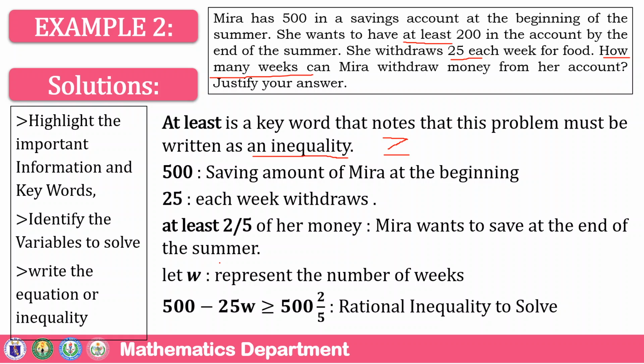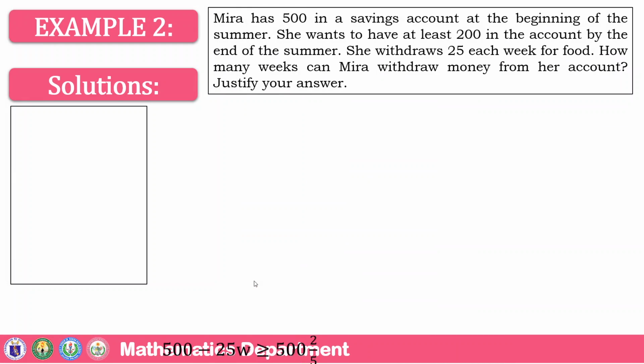So, pagka minultiply natin yung 500 times 2 over 5, that is equal to 200. Okay? Proceed tayo. So, from this rational inequalities na na-form natin based on sa problem, so, solve natin siya.